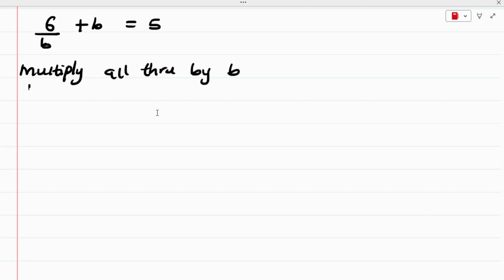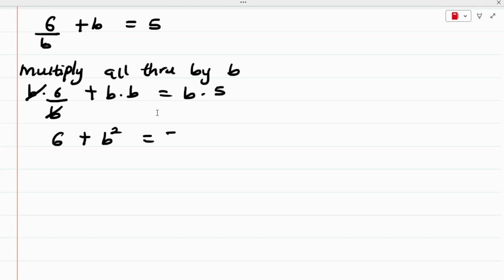So we have b multiplied by 6 over b plus b multiplied by b is equal to b multiplied by 5. So this is going to cancel out this. We have 6 plus b squared is equal to 5b. So rearrange and set the equation to 0. This is going to become b squared minus 5b plus 6, which is equal to 0.